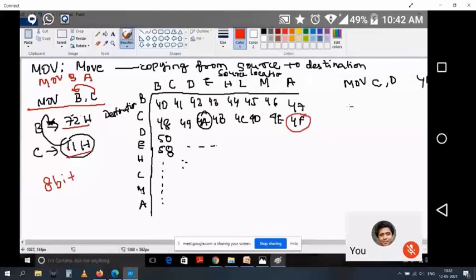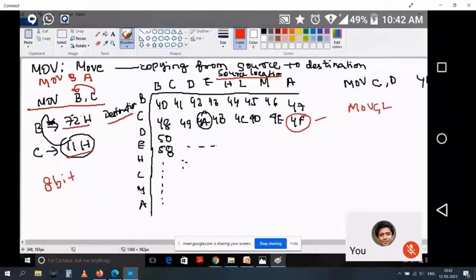Let's say I want to copy the contents from L to C. This is the source, and this is the destination, from where you are copying to where you are copying.